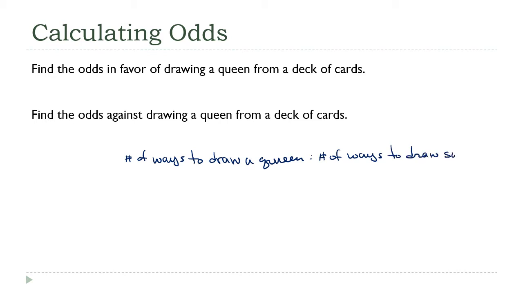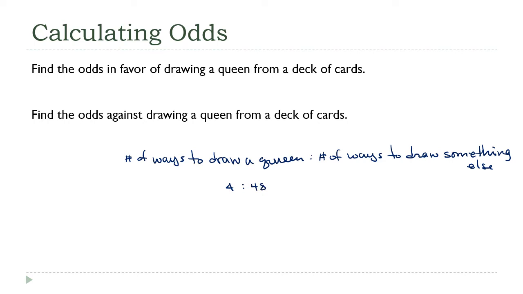To draw something else. Okay, well, how many queens are there in a deck of cards? There's one per suit, so there's 4. How many other cards are there? Well, it's 52 minus those 4, so that's 48.